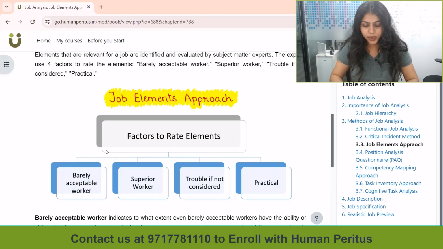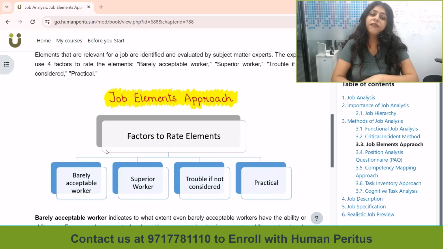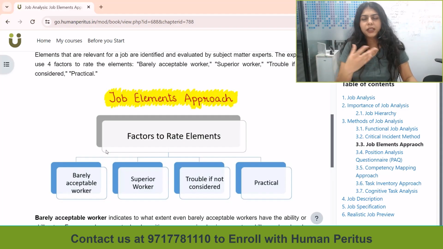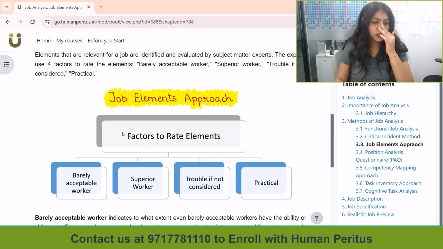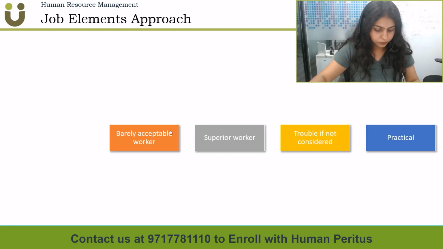So you can differentiate these skills on the basis of four parameters, which are barely acceptable worker, superior worker, trouble if not considered, and practical. This is a very different approach from the rest of the approaches, and this approach is very interesting also. So let's understand this with the help of an example.